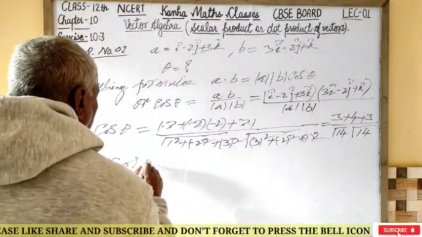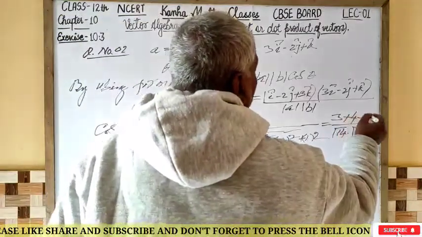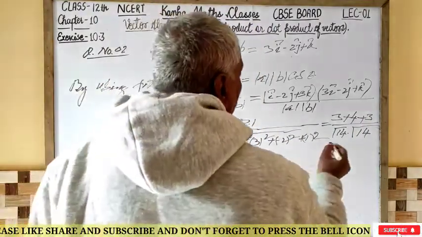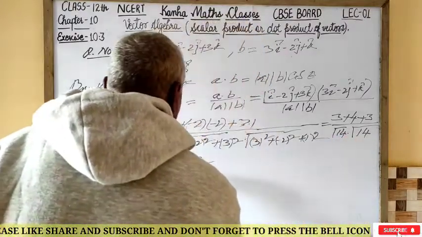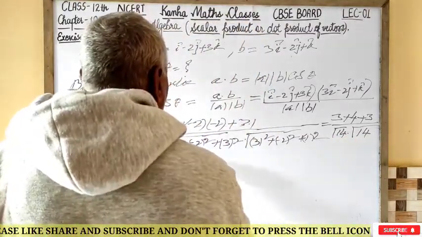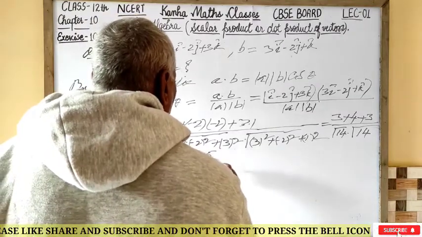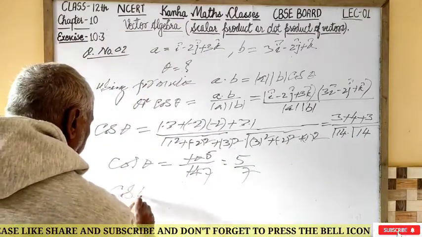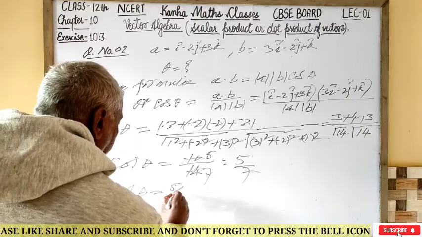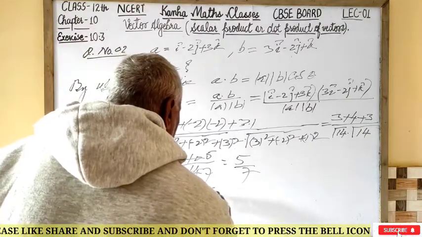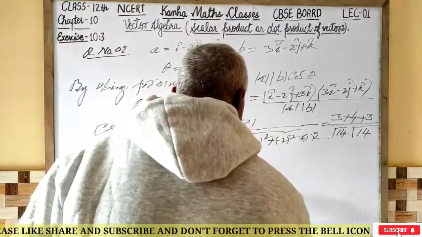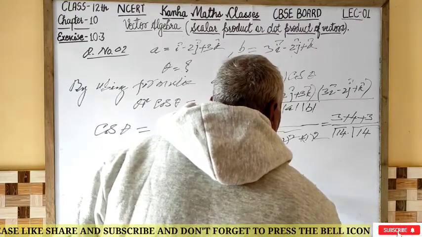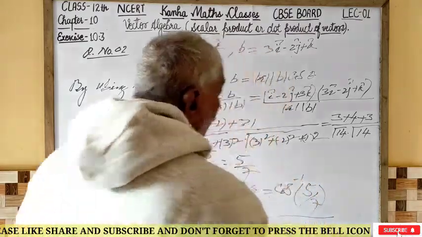Now cos theta is equal to 10 upon root 14 into root 14, that is 10 by 14, which is 5 by 7. Or cos theta is equal to 5 by 7, hence theta will be equal to cos inverse 5 by 7. This is the angle between these two vectors.